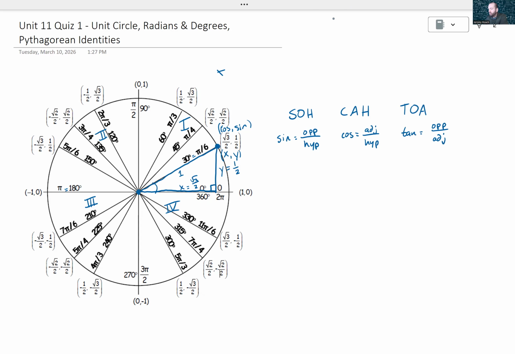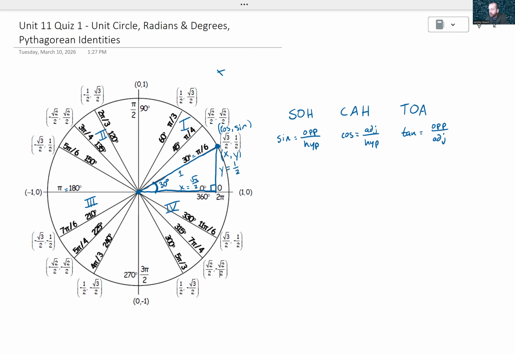And so we can prove that sine 30 is equal to y. And we can check that on our calculator. Actually, let's write it like this first. So we're going to check our angle. We know our angle is 30 degrees. And we're going to prove that y equals 1/2.